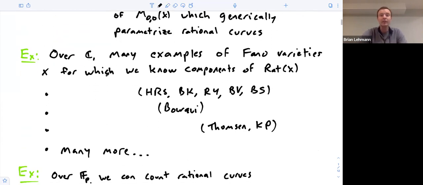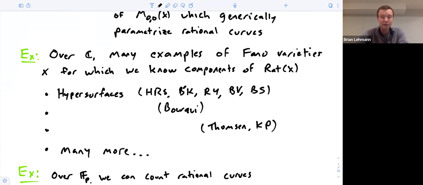Over C, there are lots and lots of examples of Fano varieties for which this question has been studied. Let me mention a few. One of the most famous is the case of hypersurfaces. For Fano hypersurfaces, we have a pretty good understanding of the spaces of rational curves on them, although it's not totally complete. One of the first papers in this direction is due to Harris, Roth, and Starr.